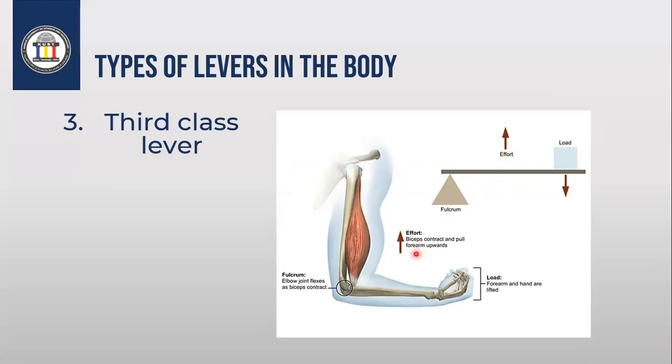So the effort is the applied force, the load is the load force, and the fulcrum is the fixed point with things moving around it. So the fulcrum will be on the side, the load will be down or up, and the effort will be in the middle, and this is the third class of lever.